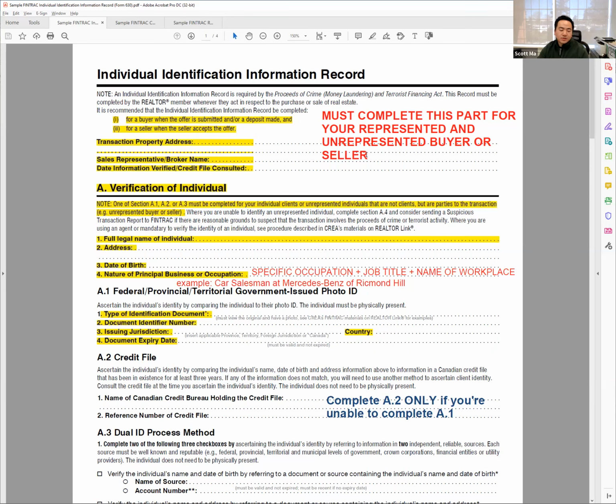The builder is relying on you to fill out this form because under FINTRAC legislation, technically it's the builder's responsibility to verify ID for individuals. But because you are the co-op agent for this pre-con project, you will have that obligation.